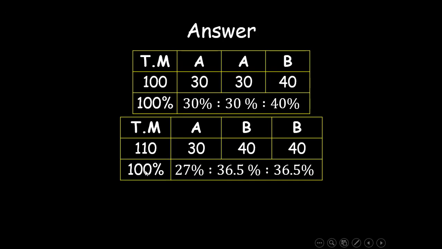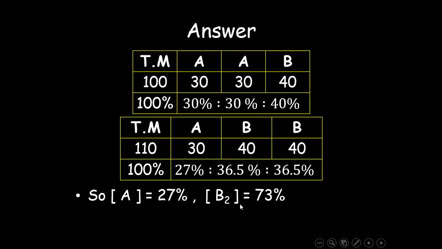So 30 times 100 over 110, 40 times 100 over 110, and again. So it's going to give us 27%, 36.5, and 36.5 again. So A equals 27%, B2 equals 73%, which would make answer C the correct one.